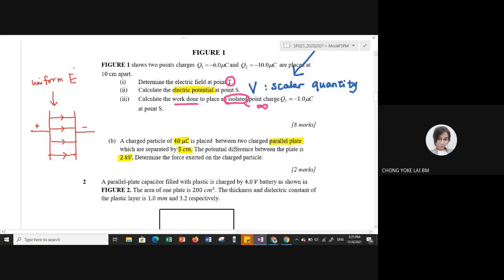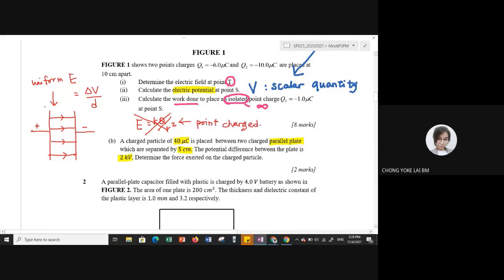So kalau uniform electric field, dia mesti guna formula ni, delta V over D. Tidak boleh sama sekali gunakan E is KQ over R squared. Ini salah. This is for point charge.